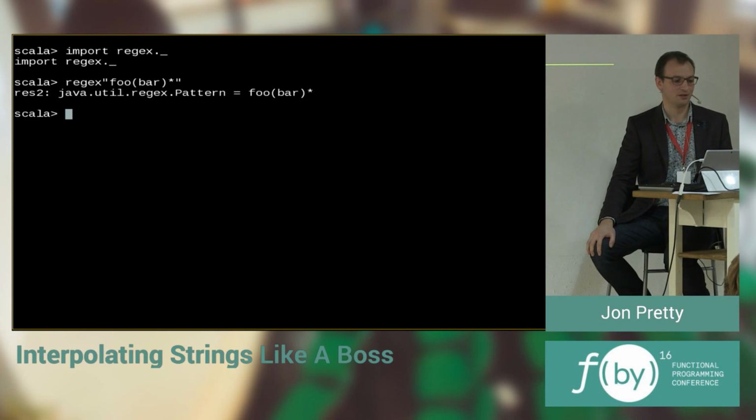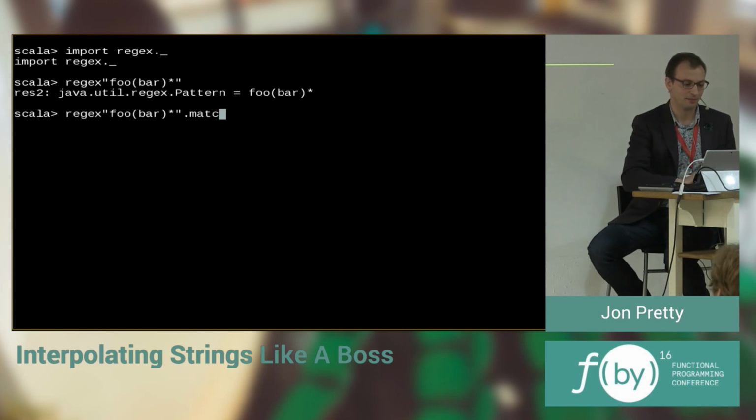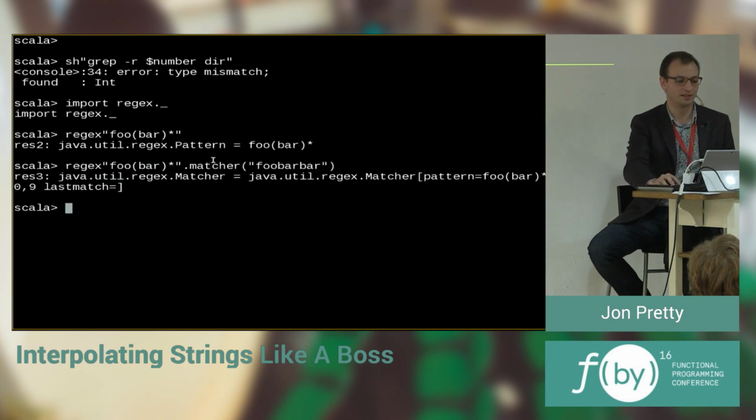We've written a regular expression, there it is, and we get a pattern back. So this is just a Java regex pattern. We can say, for example, get the matcher on, let's try one of those, foo bar bar. So that's a very concise way of writing a regular expression that actually returns a typed value.